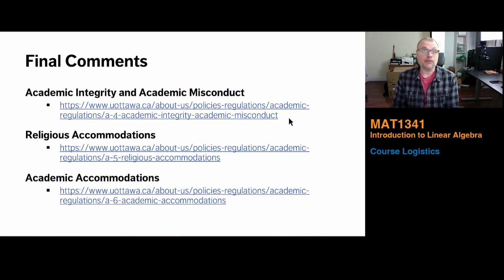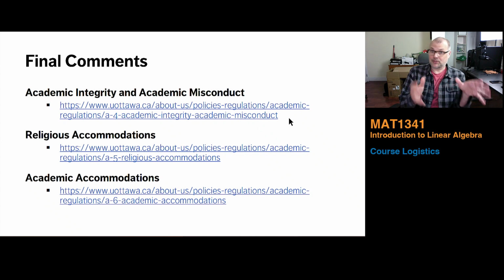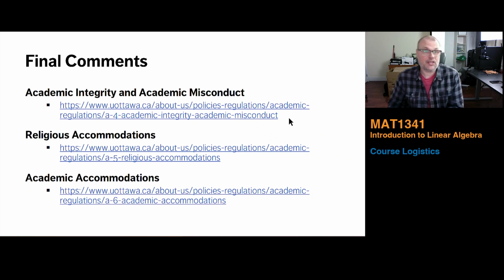In person for the final exam, you might also be allowed to write it in a separate, isolated room depending on your requirements. But again, you have to get in touch with them now. If you wait halfway through the term, they might not have room for you anymore. So get on this as soon as possible. Make me aware of this as soon as possible if you think it's necessary.